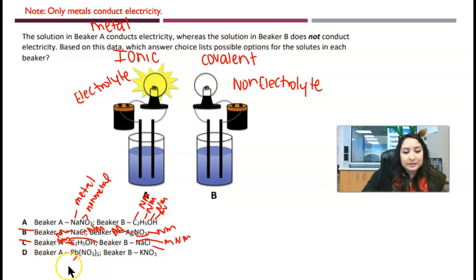Last one, Pb is lead, that's a metal. And an O, those are non-metals. So metal, non-metal, that's ionic, which is what we want for beaker A. K is a metal, and O is non-metal. This is also ionic, but for beaker B, we wanted it to be covalent. So your answer is A.